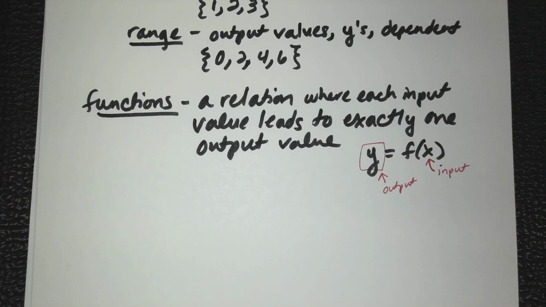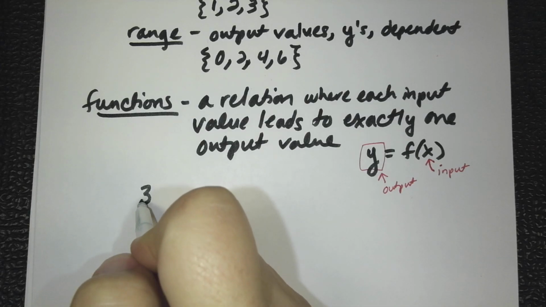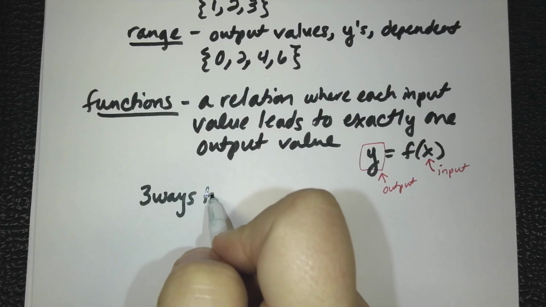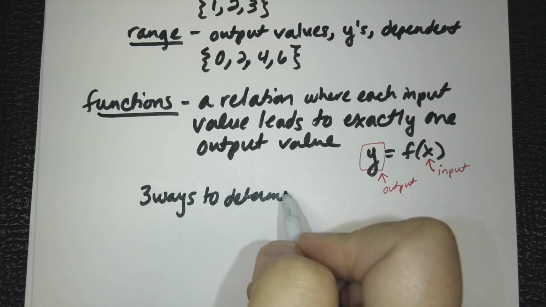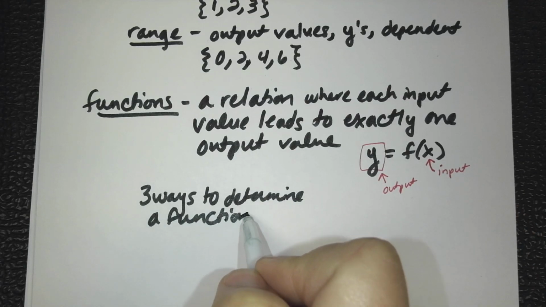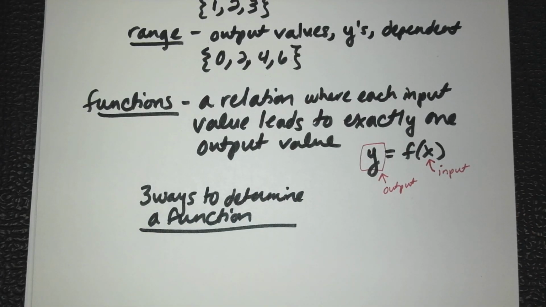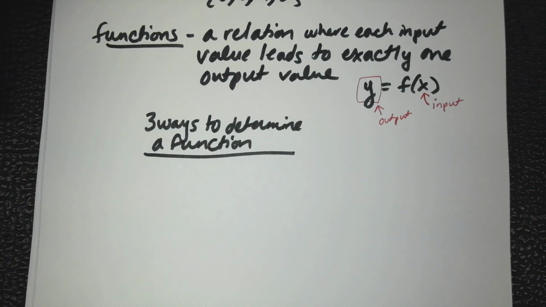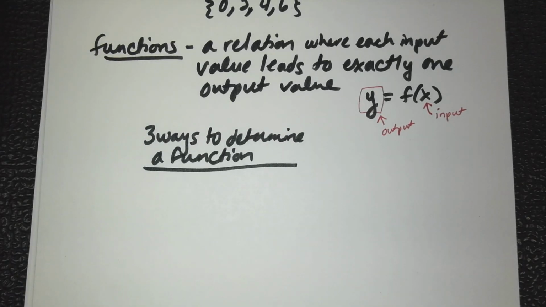You learned these with Mr. Belk, maybe two of them. But there are 3 ways to determine a function. We'll go through them real quick because I know you remember them. Have you heard of the first way? The phrase x's can't repeat?